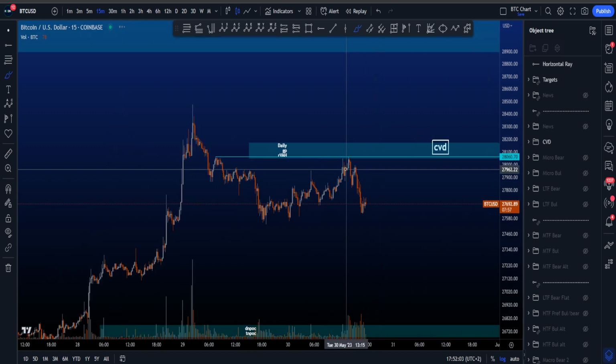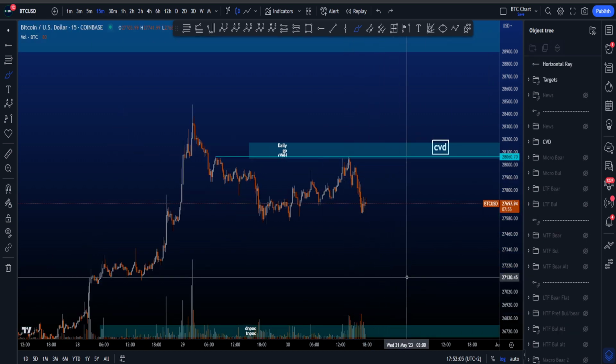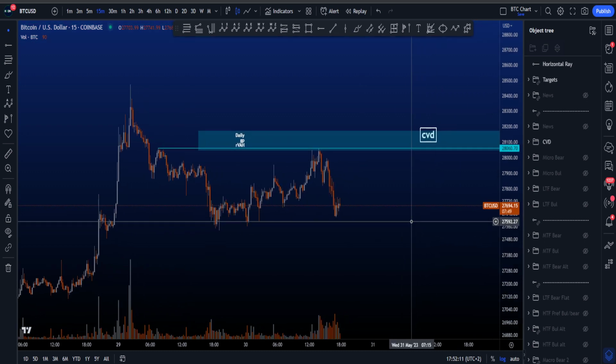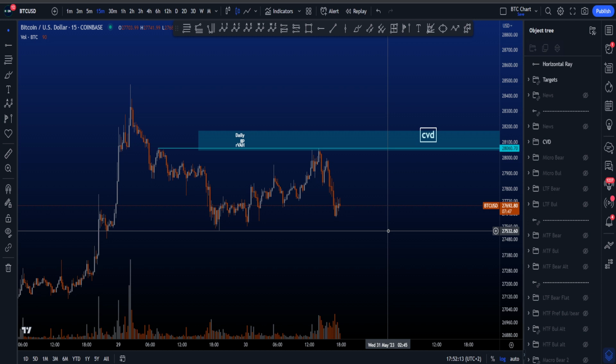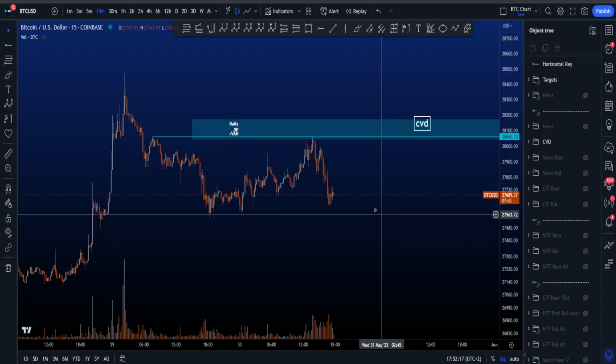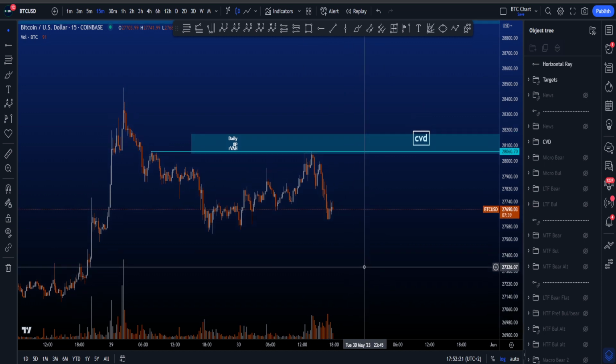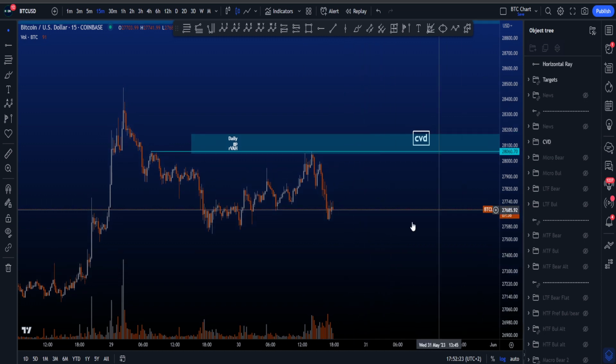Whatever happens, maybe the price goes down and you miss the move. Who cares? There's always going to be a next trade. Follow your plan, stay patient, stay disciplined, and that is how, from a mindset point of view, you can become a profitable trader, because running after price is not what you want to do. You want price to come to you and your setup, whatever you are looking for.